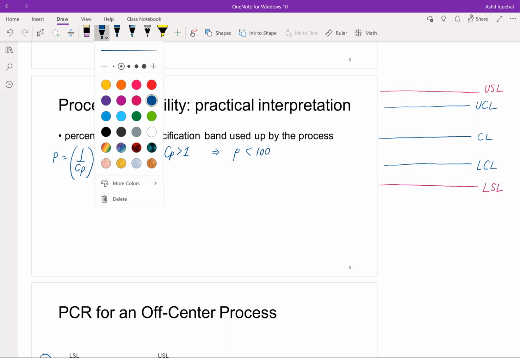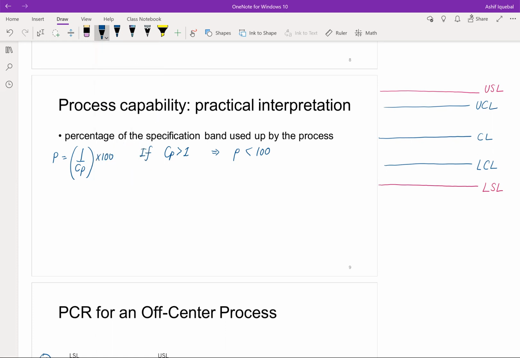Practically, what this means is if P is less than 100, we always have some room for making errors. This is the extra room that we have for making an error. What I mean by that is, even if my process goes slightly outside the control limits, it is still acceptable, right?